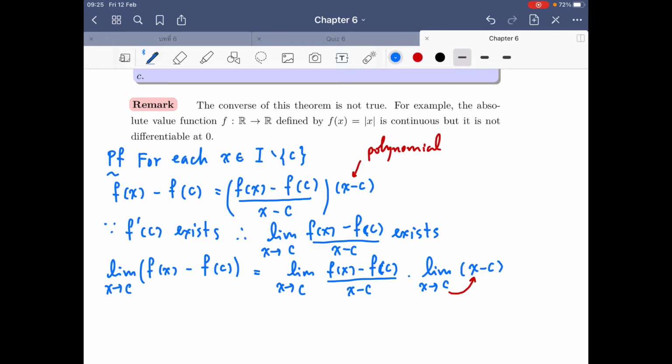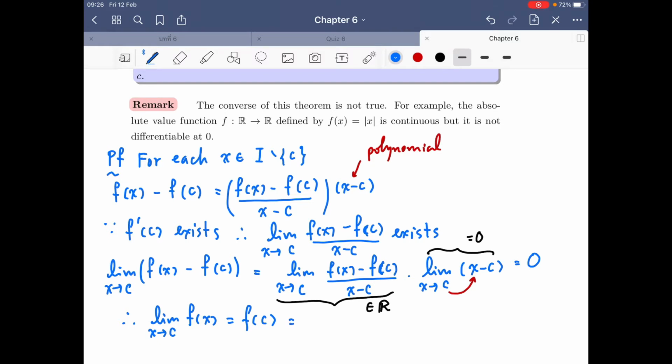You can just replace x by c, and it becomes 0. The other limit exists as a real number, so any real number multiplied by 0 gives 0 as a result. So it means that the limit as x goes to c of f of x is simply equal to f of c.